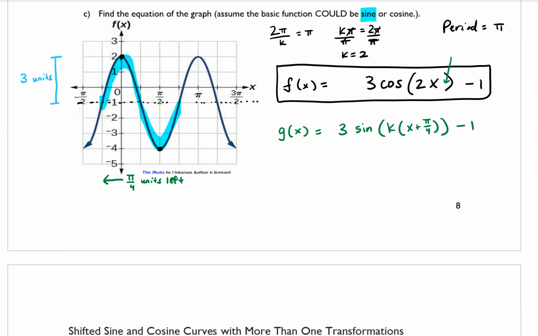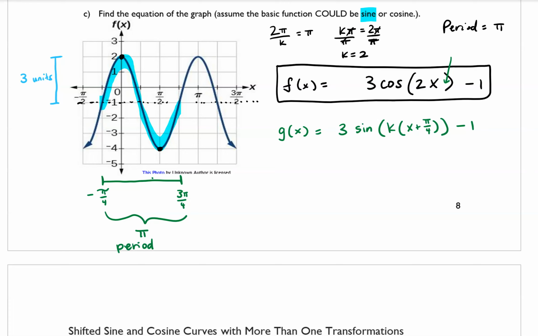Now we just have to figure out what our k value is, and it turns out that the k value is going to be the same because our period is starting here and ending here. So this x value is negative pi over 4, and this x value here is 3 pi over 4. And if we calculate the distance between that, that is still pi units. And so this is our period.